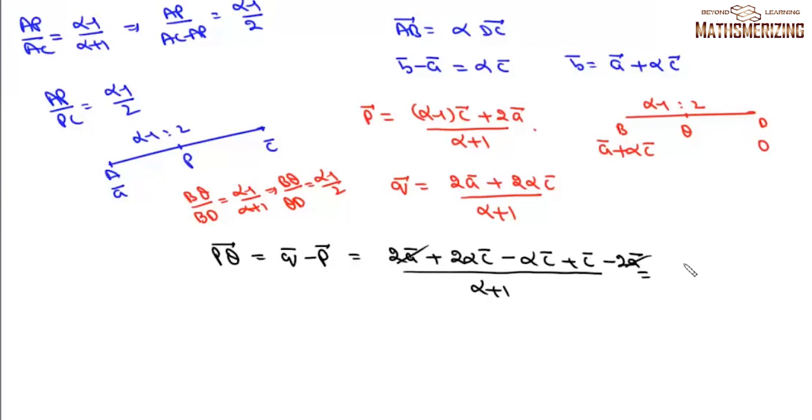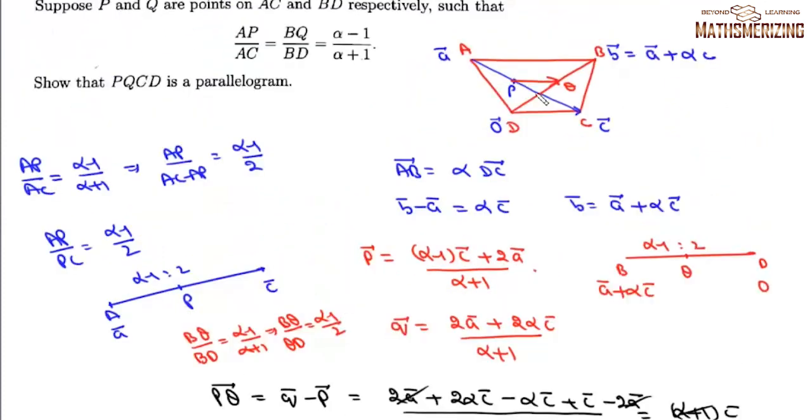So we'll get alpha plus 1 C upon alpha plus 1. That is, PQ is equal to DC. So these two vectors PQ and DC are parallel and equal. And if they are parallel and equal, that means this PQCD is a parallelogram. And this is what we need to prove in this question.